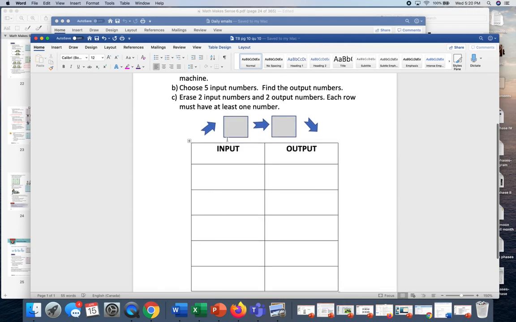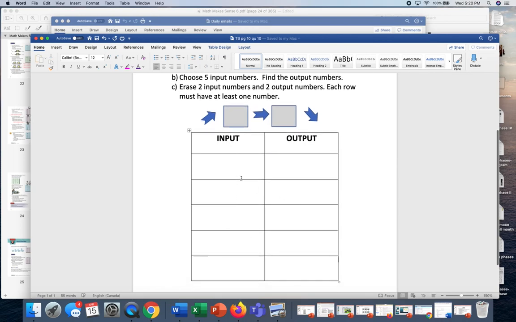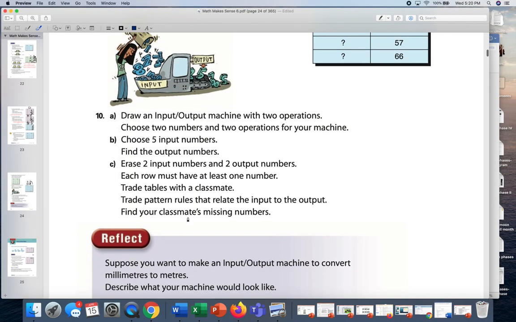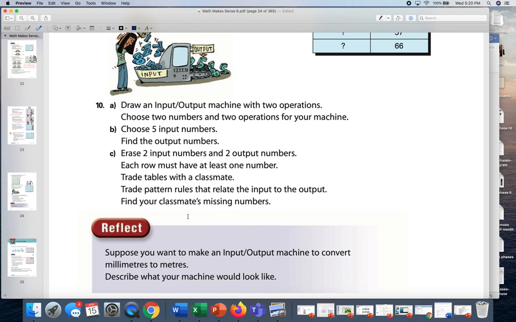Since there's 5 in total and you're erasing a total of 4, there will be 1 of your rows which is complete, and that is necessary because on Sunday, I think we're going to do this on Sunday, I'm going to give you somebody else's that you're going to trade.